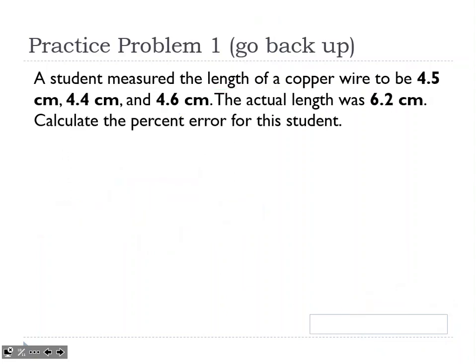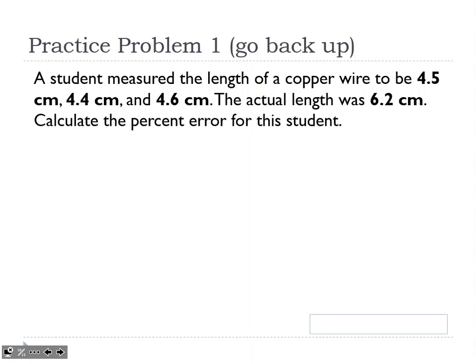Let's go back up to problem 1 and use that data now to practice percent error. There is one little added extra step to this one. Does anybody know, or guess what it might possibly be? Yes? You have to add the experimental values.